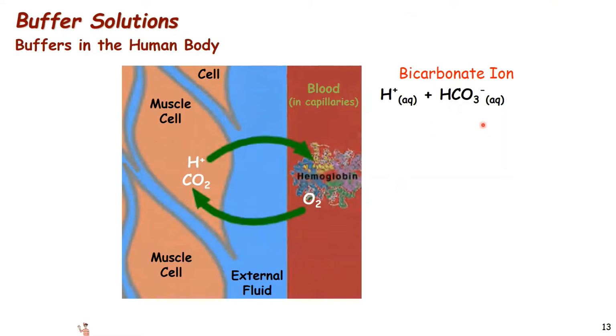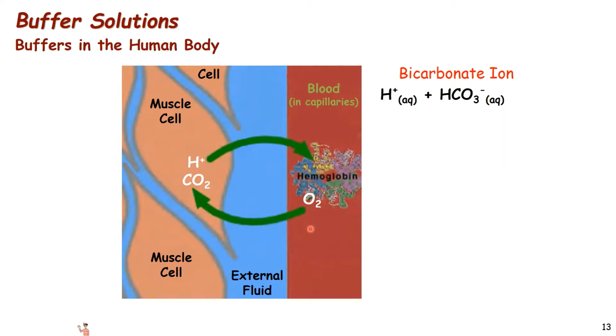So basically what happens is you start walking around or working out, whatever, okay, you're making your muscles do work. And what happens is that your muscles start to build up acid, specifically lactic acid, okay? And then there's also CO2 that's being produced as well.